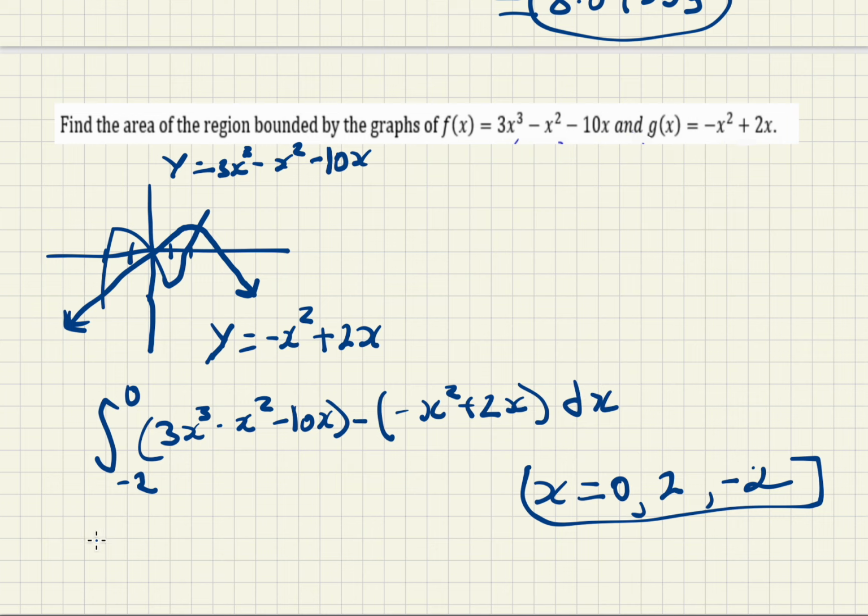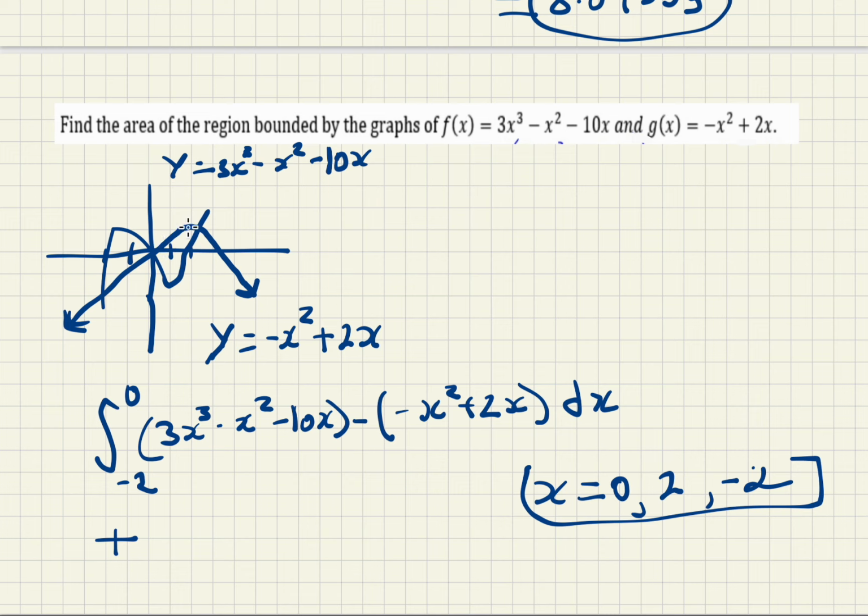And then we can add this to this area. So far we have this area, and we have this area, and now we're going to add it to this area.